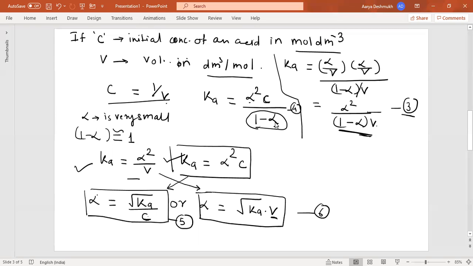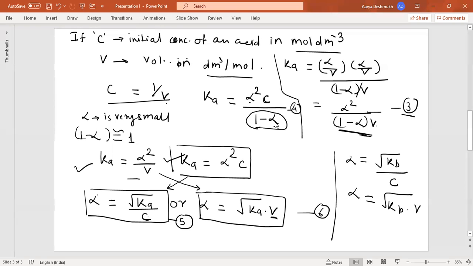Now similarly, you can write the same equations for weak bases also. Alpha will be equal to square root of Kb divided by C, and alpha will be equal to square root of Kb into V. So these equations can be used to solve problems based on this.